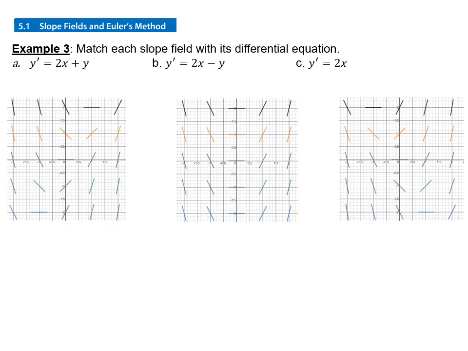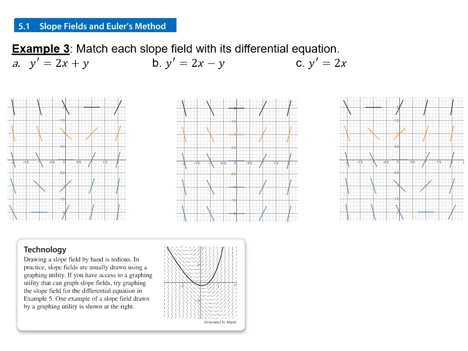Now here we've got a whole bunch of slope fields. We want to match each slope field with its differential equation. So one of the first things is just kind of look at your powers. And with tech, drawing a slope field by hand is very tedious.